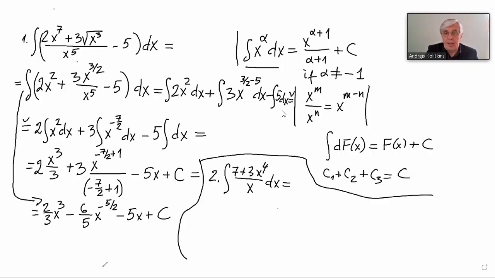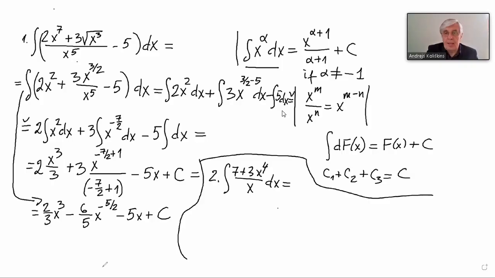Again, I will do it in detail just to simplify things. So here the constant is taken out, so it's 7. Then the integral dx divided by x plus 3 is also taken out, and we have x to the power 3 here.